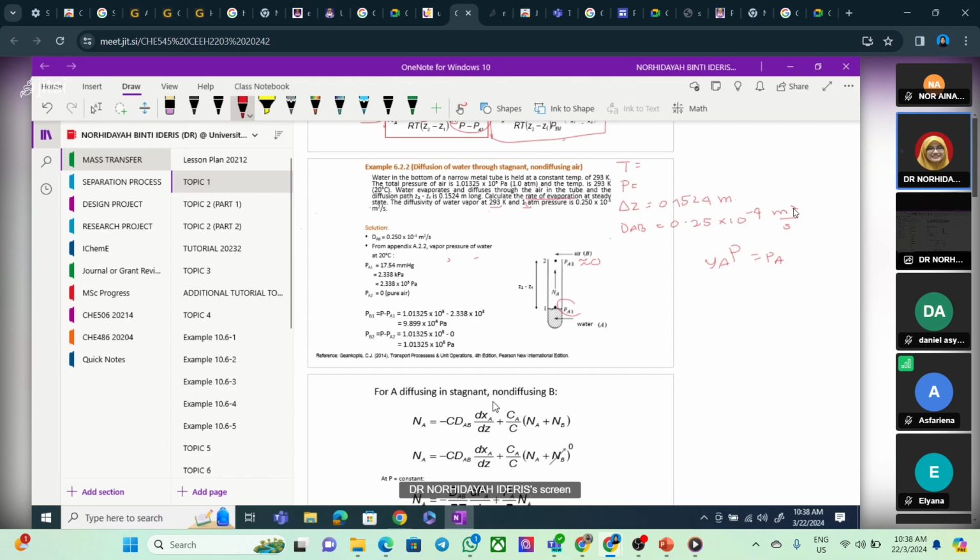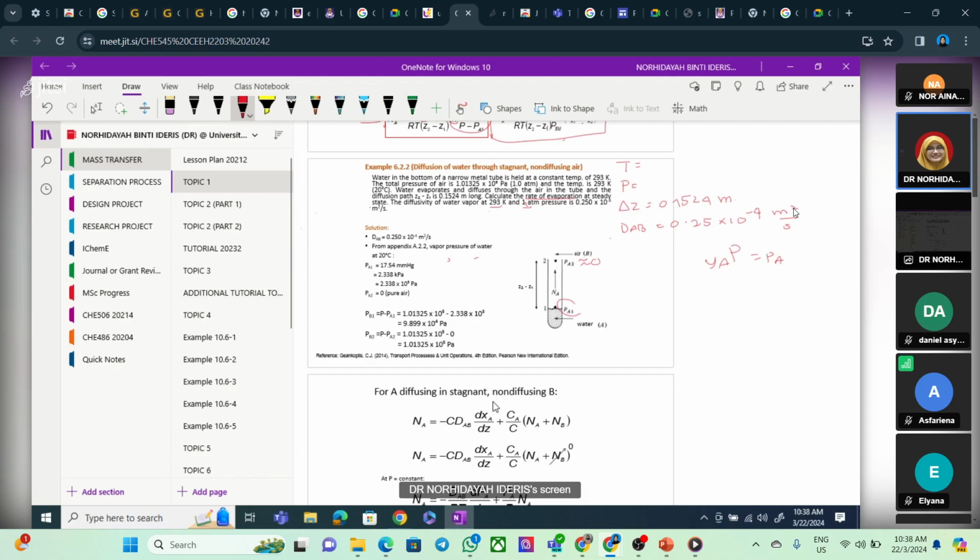So if the rate of condensation is similar to the rate of evaporation, we call it at equilibrium, and if you measure the pressure just on the surface of the water, that is referred to as the vapor pressure. Okay, as a vapor pressure. So this vapor pressure is very important later on when we are talking about designing the distillation column.